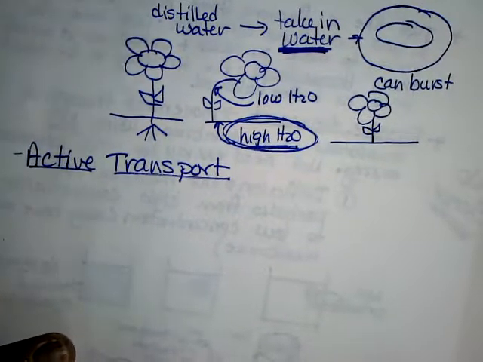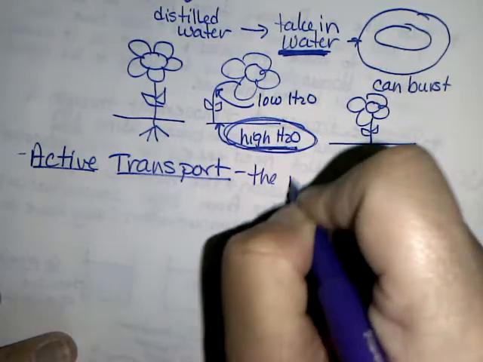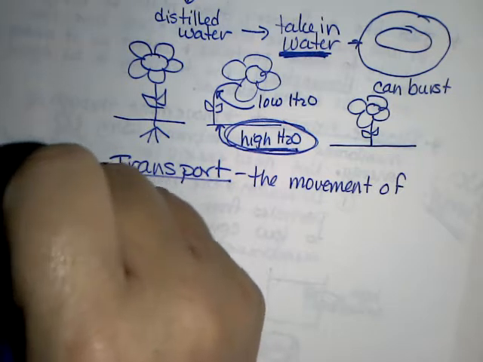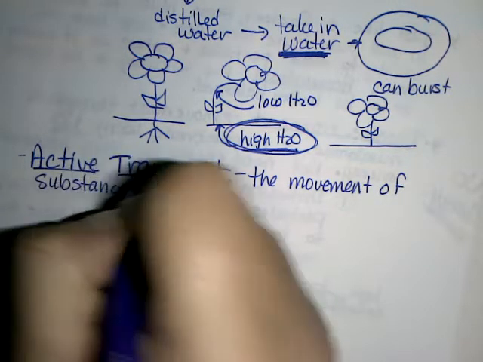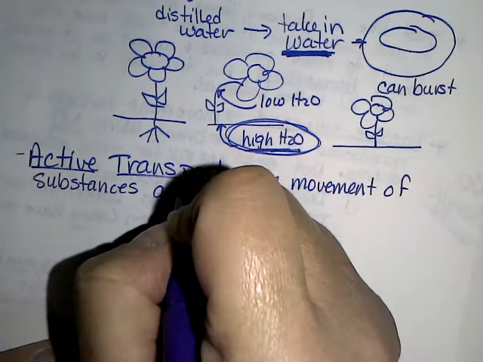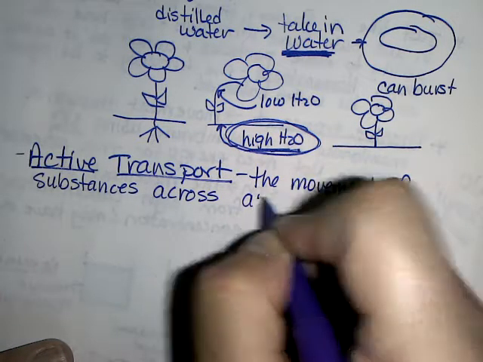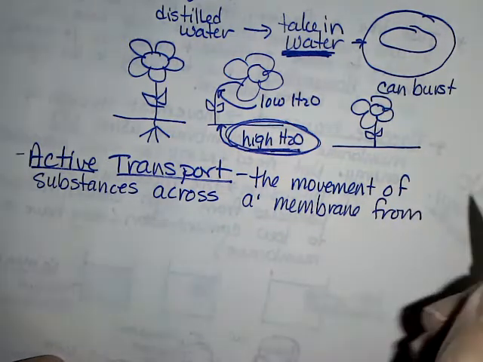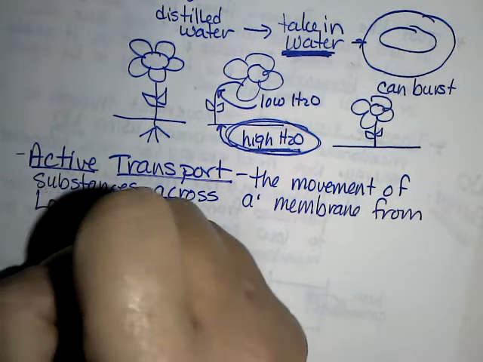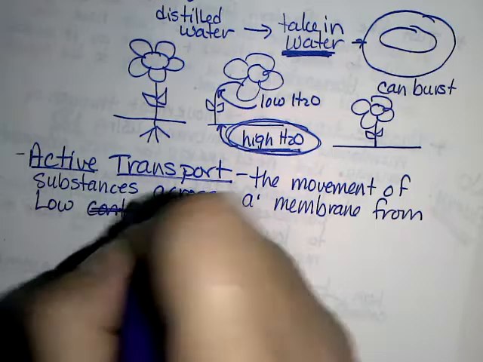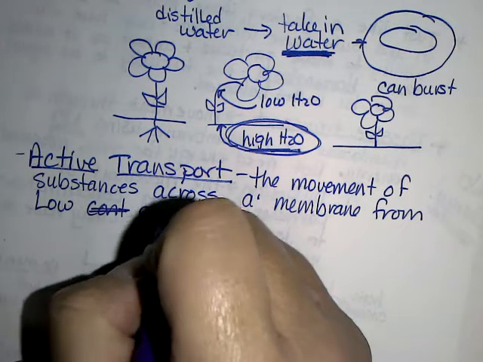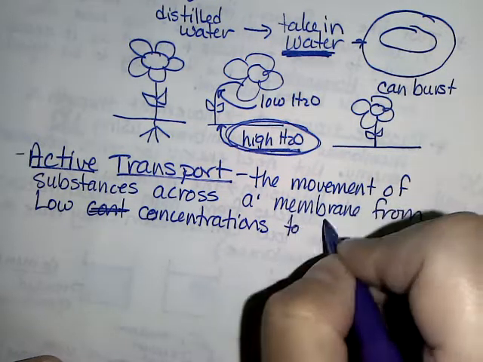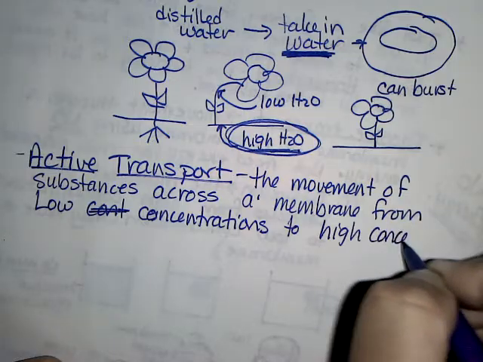Okay, active transport is the movement of substances across a membrane from low concentrations, spell this right, to high concentrations.